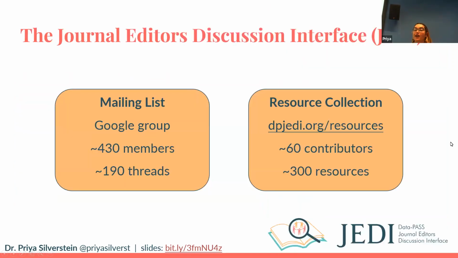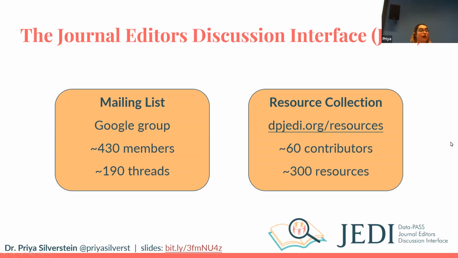Essentially, for JEDI we have a mailing list and a resource collection, and the two are connected. The mailing list functions as a Google group. From zero when I started in January 2021, we now have 430 members, which I'm very proud of, who have contributed to almost 200 threads on a wide variety of issues across journal editing.